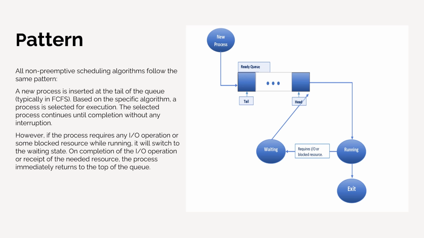However, if the process requires an input-output operation or some blocked resource while running, it will switch to the waiting state. On completion of the input-output operation or receipt of the needed resources, the process immediately returns to the top of the queue.